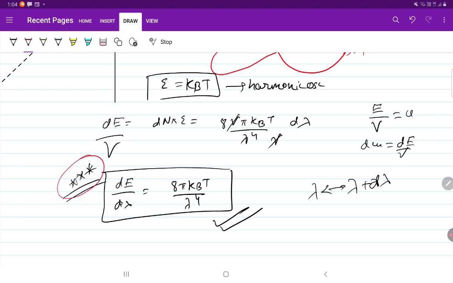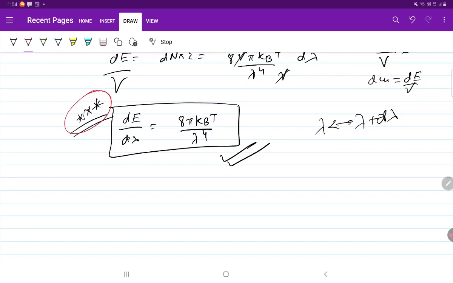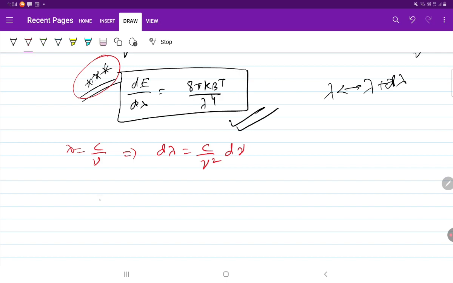Now one may ask how we can derive it in terms of frequency. Well, for frequency, λ is given as c/ν. From here we get dλ = c/ν² dν, not considering the negative sign. And since λ is c/ν, we get du/(c/ν² dν) = 8π kBT/λ⁴.